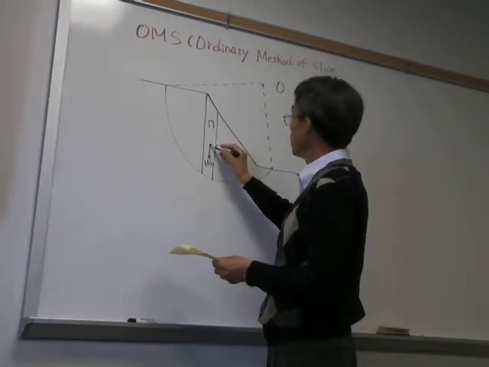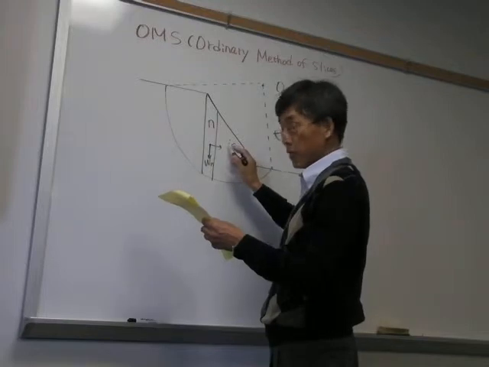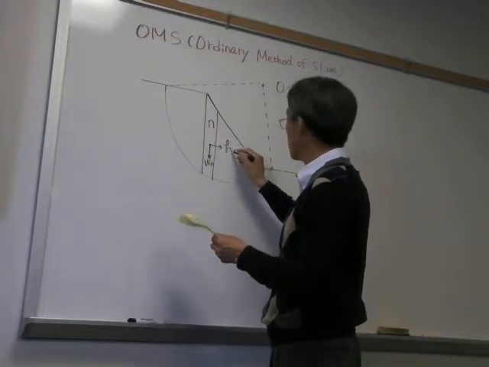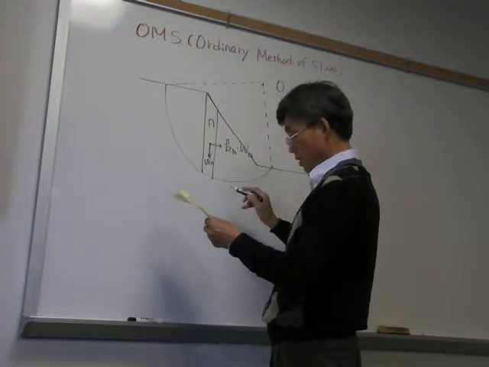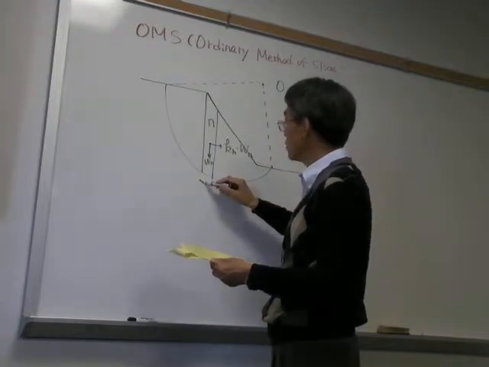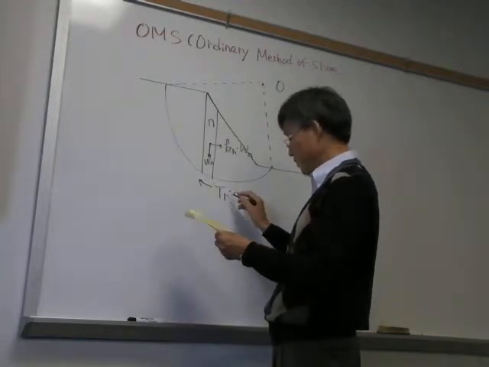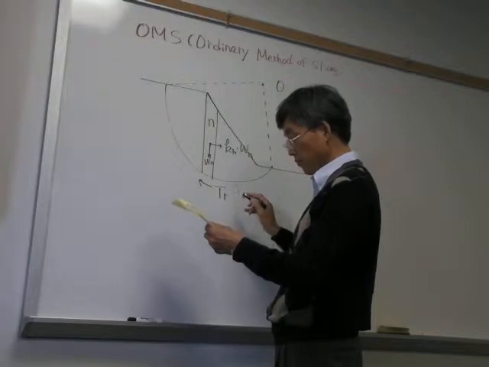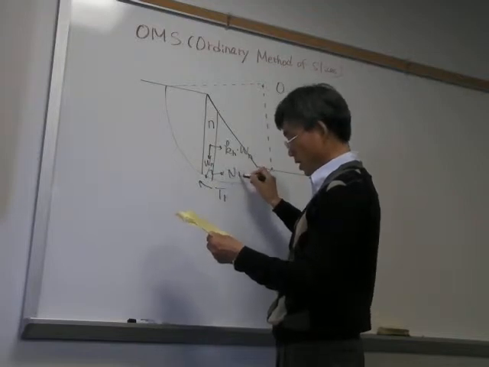Along the horizontal direction there may be horizontal acceleration, so I will say kh times Wn. At the bottom there will be the frictional resistance. This time the force will be expressed as T resistance, and there will be a normal force, which I will call N R.